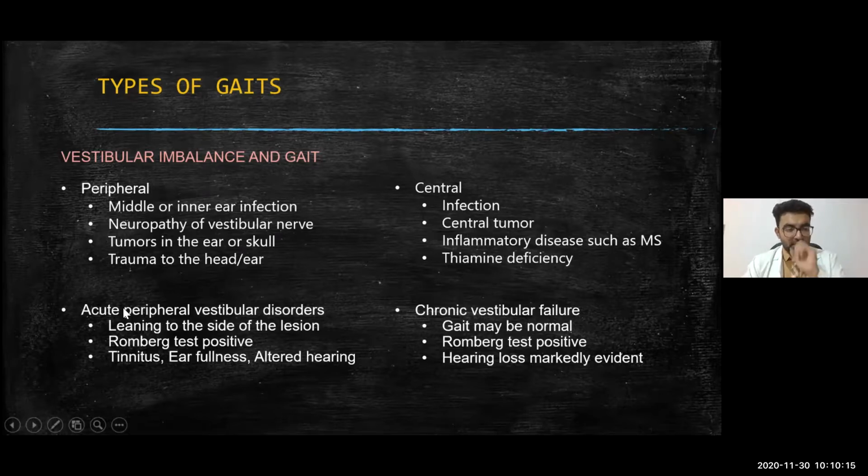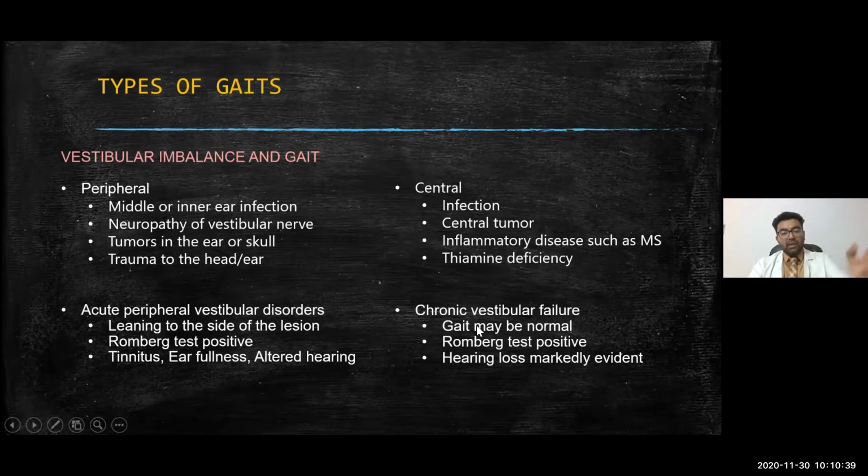If the patient has an acute problem with the vestibular nerve, then the Romberg test will be positive. The patient would lean towards the side of the lesion, and may also have associated ear symptoms such as tinnitus, fullness, or altered hearing.